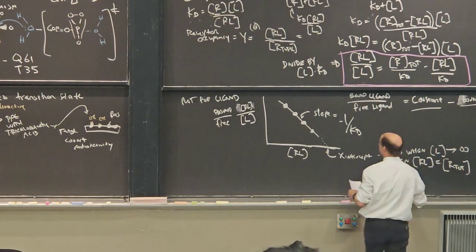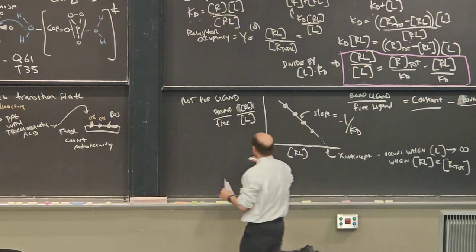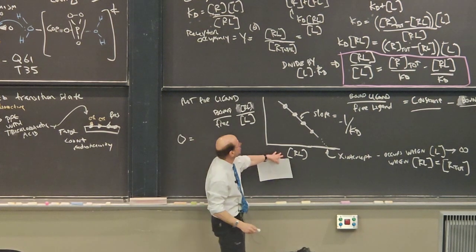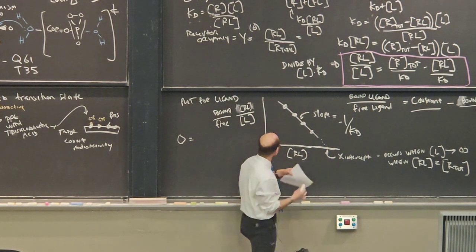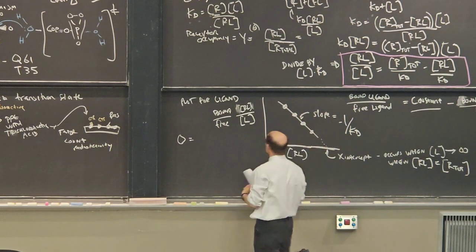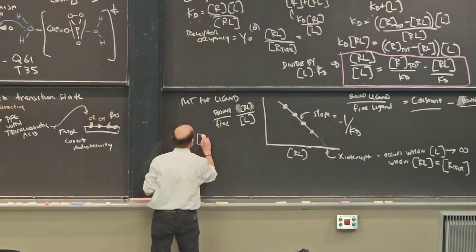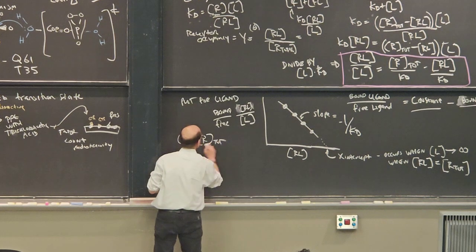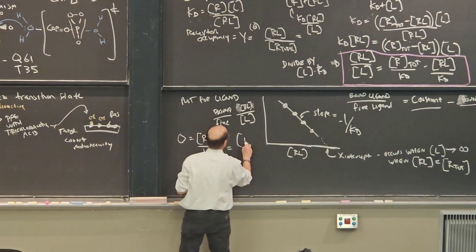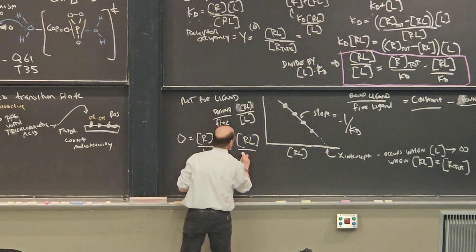Okay? And I can derive that for you by just taking that first equation. Because that first equation is 0, right? At the x-intercept, when RL over L goes to 0, that must mean that R total over Kd has to equal RL over Kd.